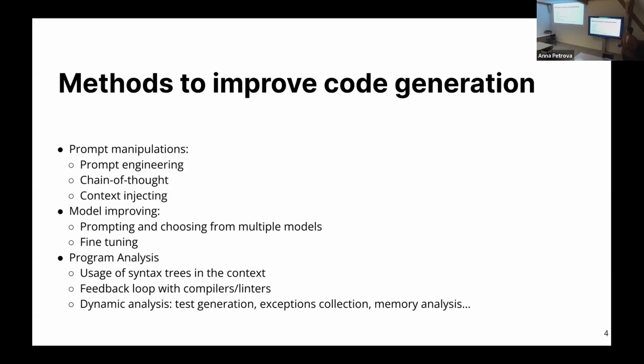The simple techniques that use program analysis are just using compilers or static analyzers as a feedback loop. We can generate code, check for errors, like compile or lint the code, and give it as feedback for the LLM to fix the code.